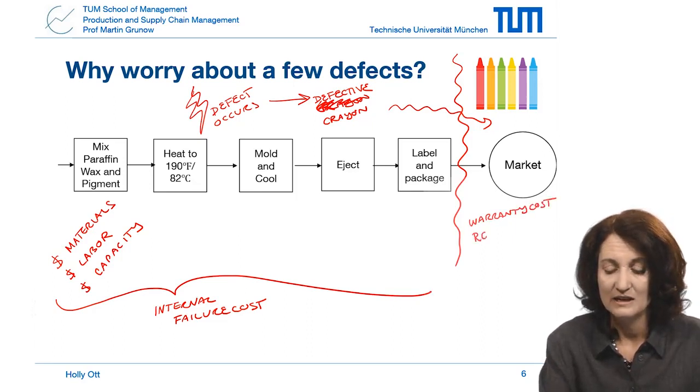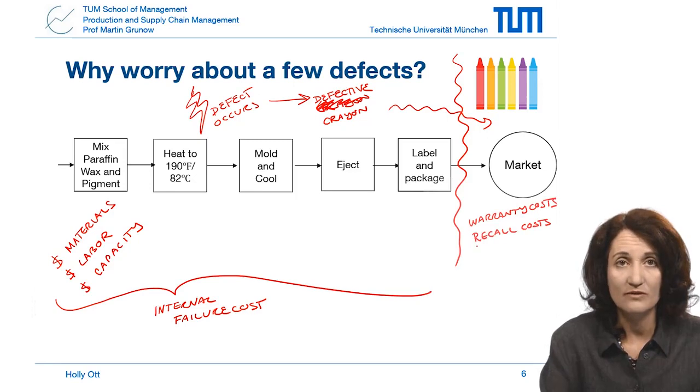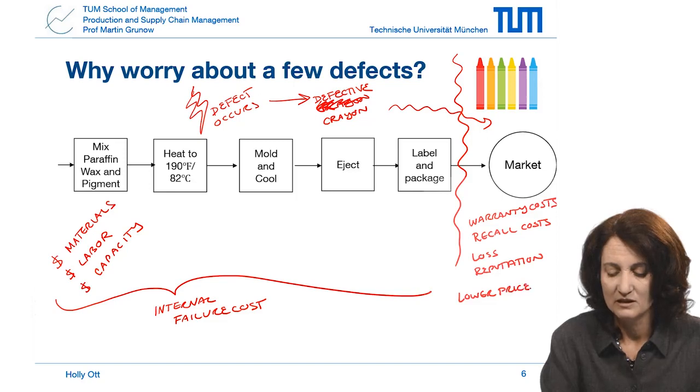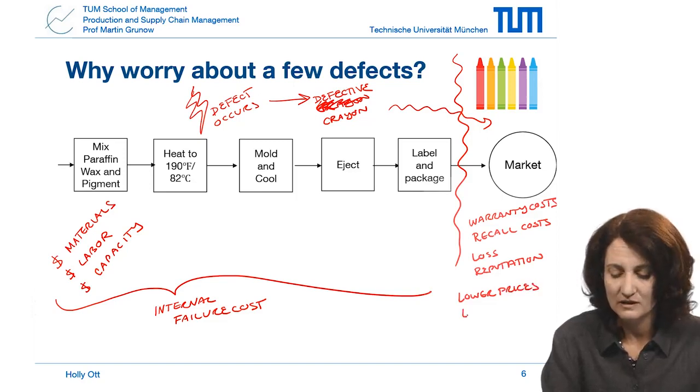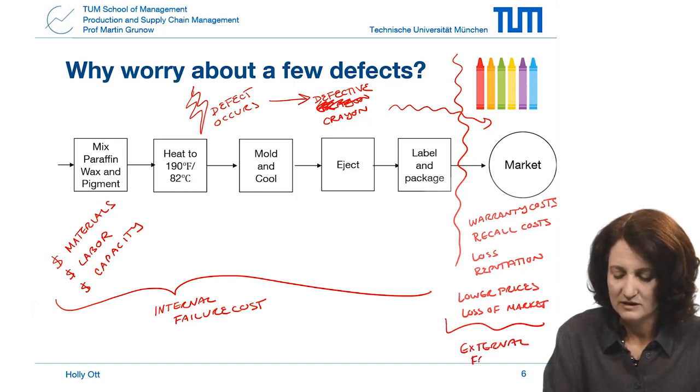We could have, even worse, recall costs. We could, even worse, have the loss of reputation. And loss of reputation leads to things like lower prices. We're forced to sell our product at a lower price, or even loss of market. The demand will drop. And these are called the external failure costs.